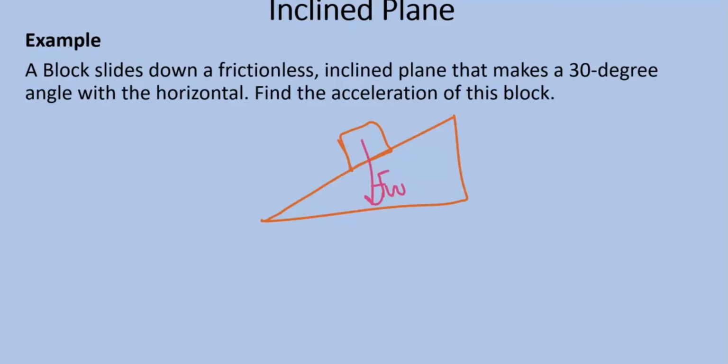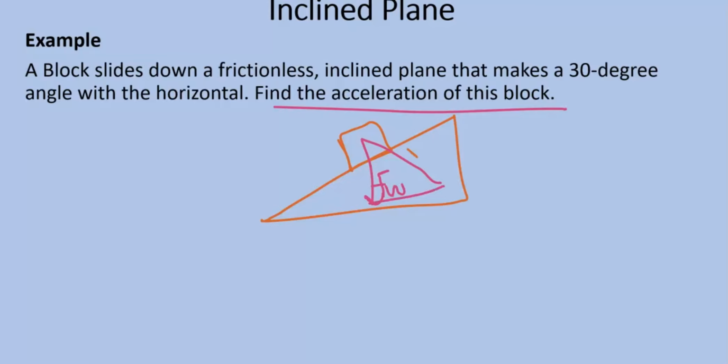We're looking for the acceleration. Since this is frictionless, we're looking at the component that is parallel to the ramp.